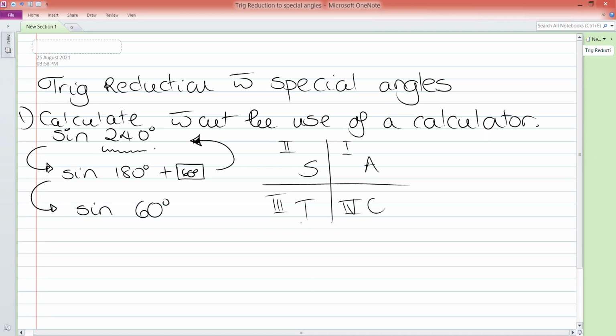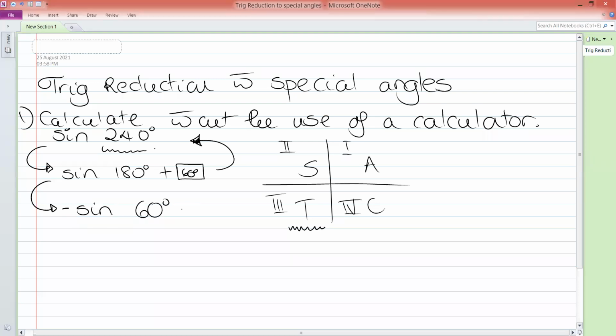What's my sign? Now, if it's in the third quadrant, only tan can be positive. That means this becomes minus sine 60 degrees. So 60 degrees is an example of a special angle.